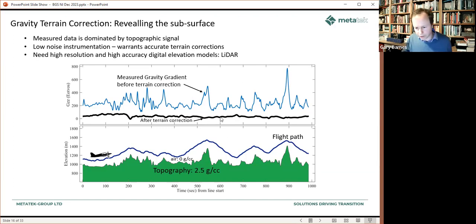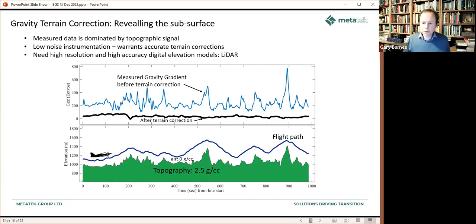And that's what you're seeing in this black trace here. So there's a severe decrease in the signal amplitude after doing this correction. And what we're left with now is a data set which more reflects the subsurface changes in density rather than the changes in density between the topography and the air.